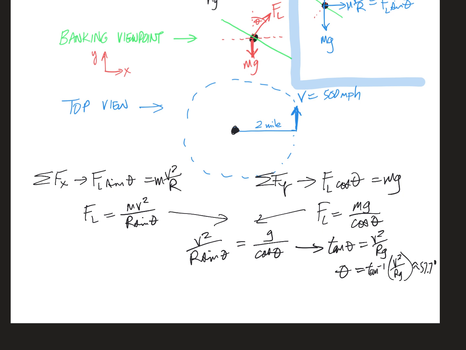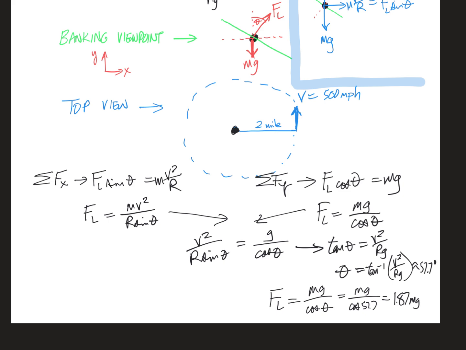And that means, once I know that, I could take either one of the lift equations, plug the value in, so like mg over cosine theta, that's the simplest one. So mg over cosine of 57.7. Mg was 100,000 pounds, if you will. Or you could just realize that 1 over cosine of 57.7 is 1.87 mg.